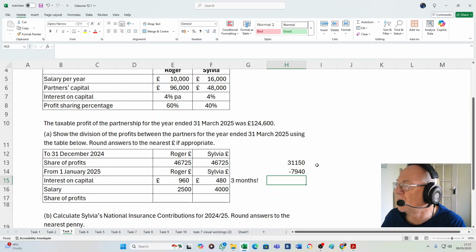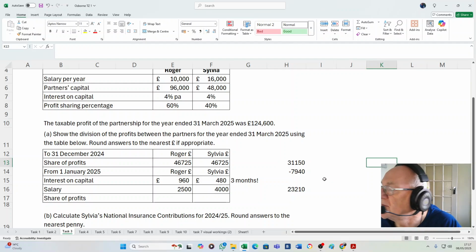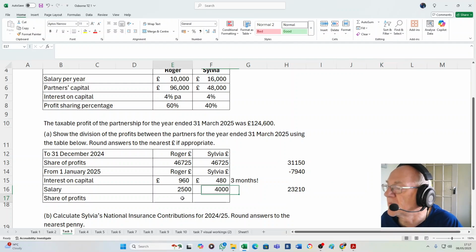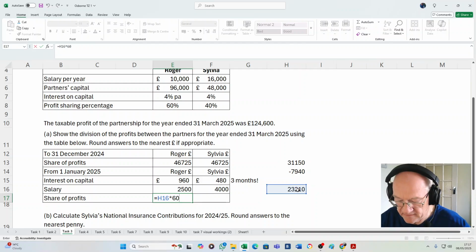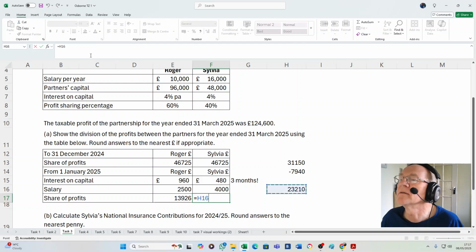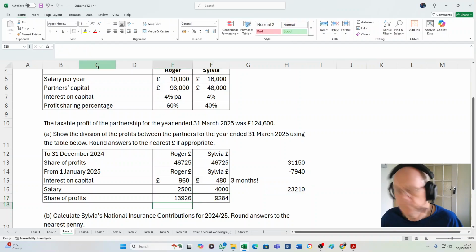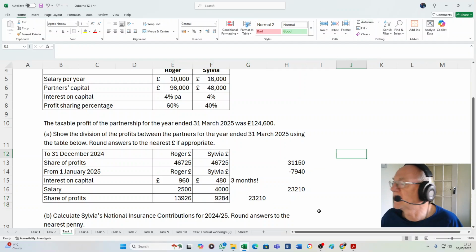So 1,440, so we're just going to take that amount off, give us profits of 23,210, and he gets 60%, and she gets 40%. And of course we can double check on the spreadsheet back to our 23,210.